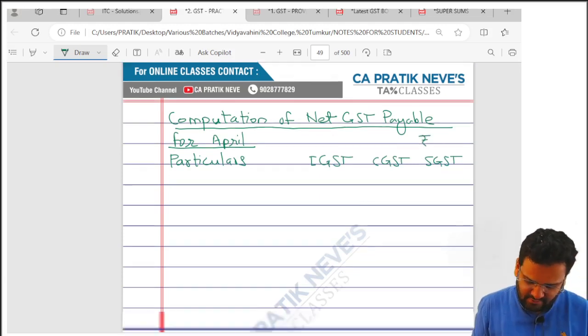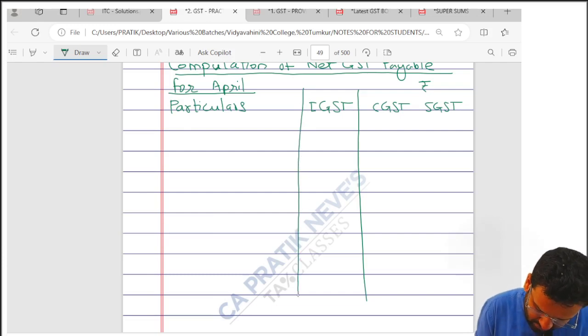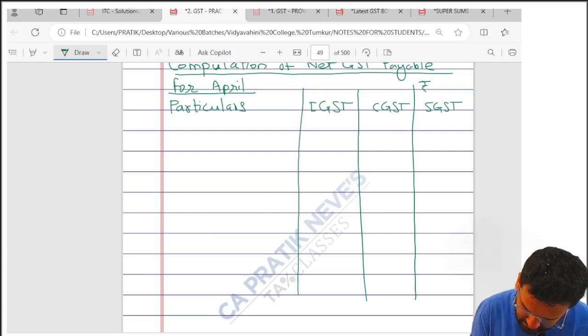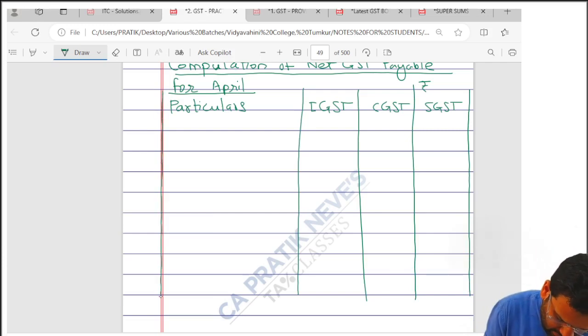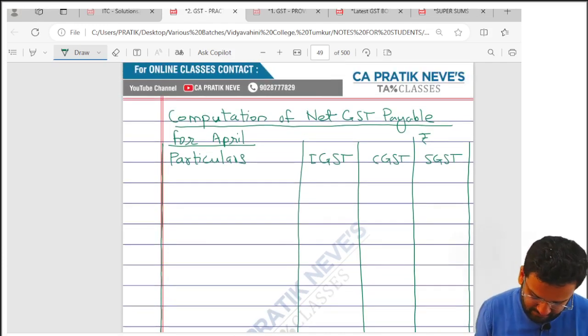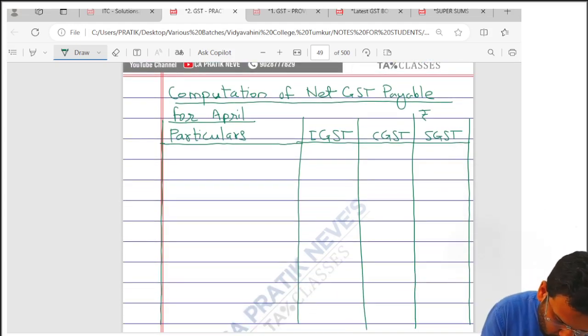All figures in rupees. Make the format using scale and pencil. Okay. Start with A point, output tax.